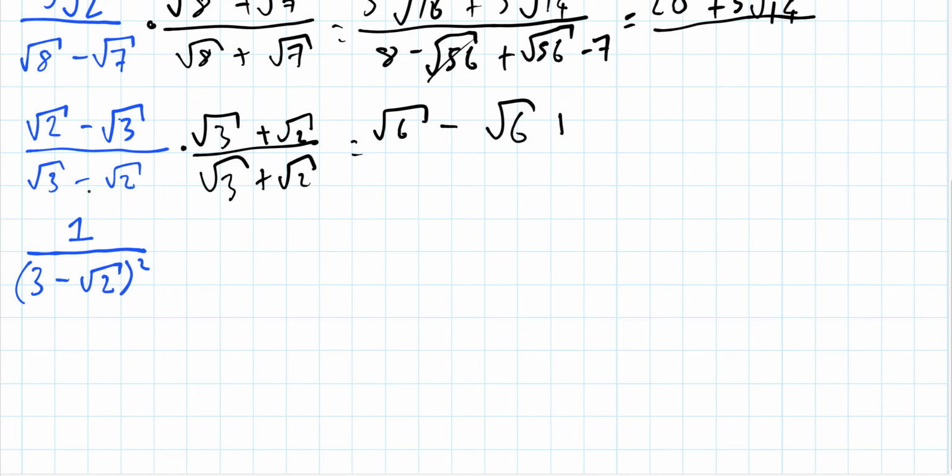Okay, I'm going to redo this one again. So square root 2 times square root 3 is square root 6. Square root 2 times square root 2 is plus 2. Square root 3 times square root 3 is minus 3.